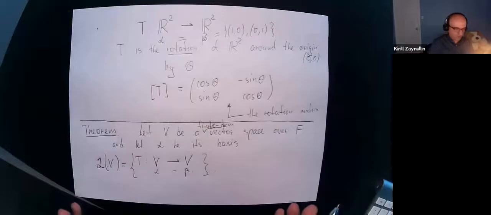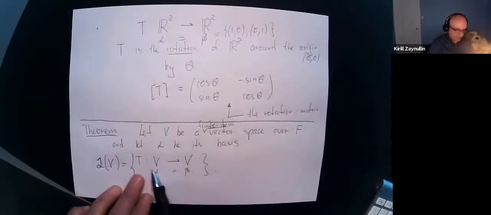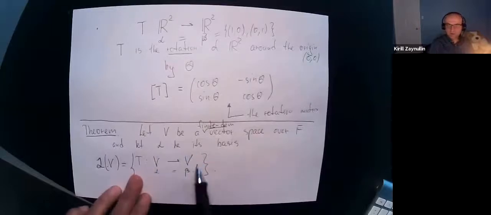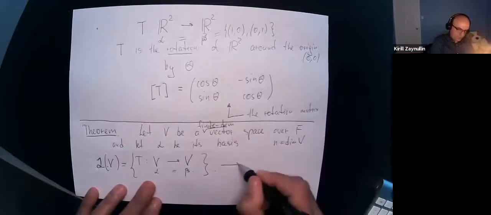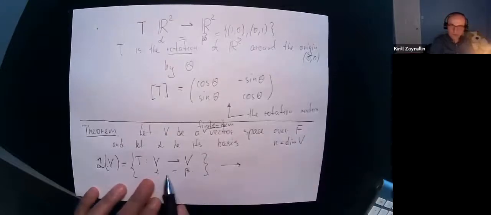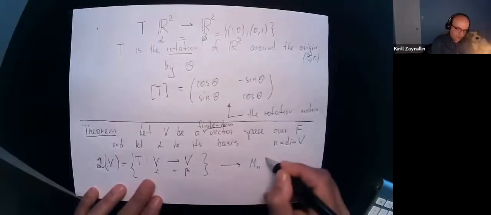And basically what we just discovered is that to any such linear operator with a fixed alpha, say if n is the dimension of V, each such linear operator would give us an n by n matrix.